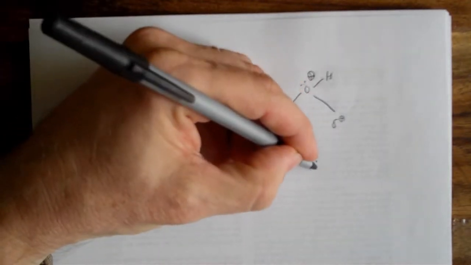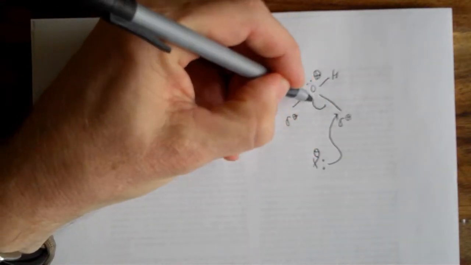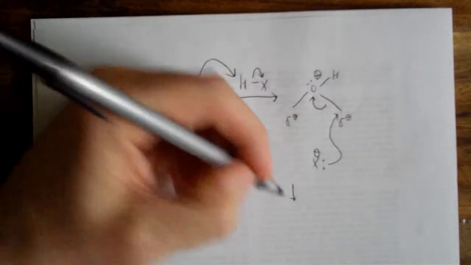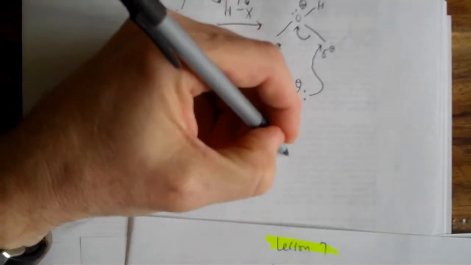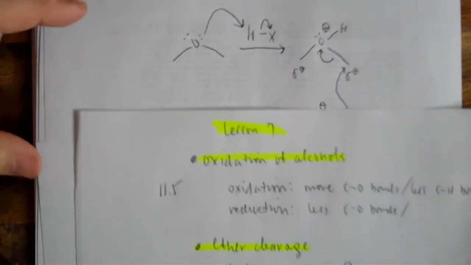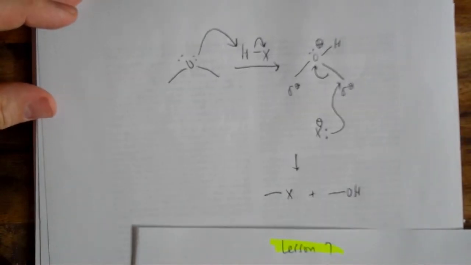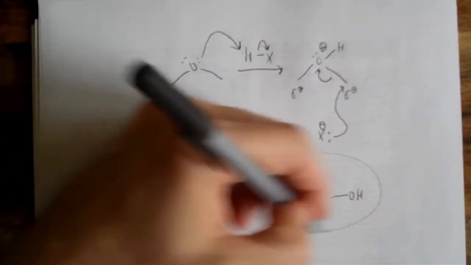And that's going to take this guy here and that guy there. Okay? And that gives us methanol and an alkyl halide, a methyl halide really specifically. Okay, so that is one ether cleavage. That looks a lot like a reaction we've seen recently.